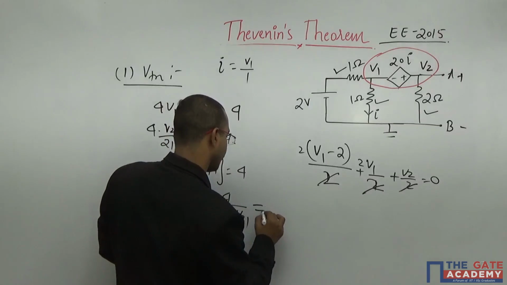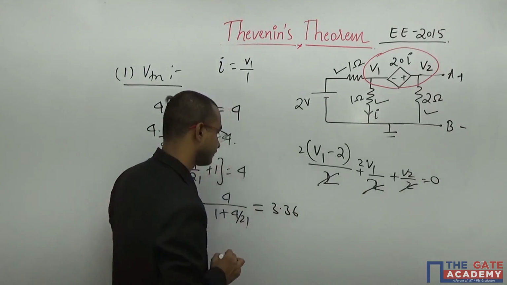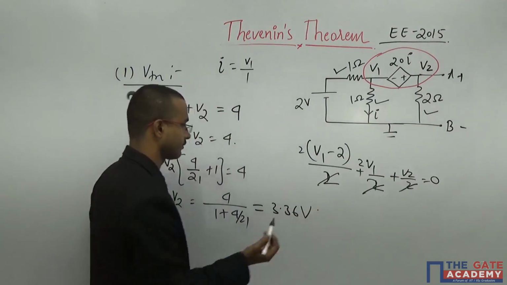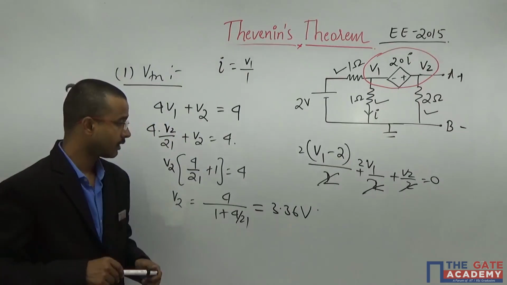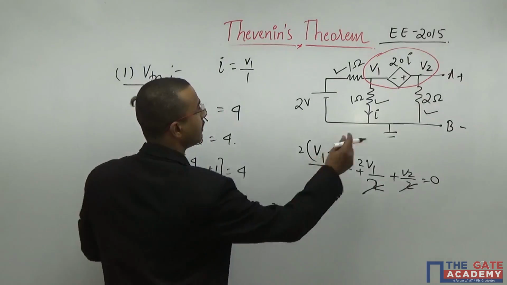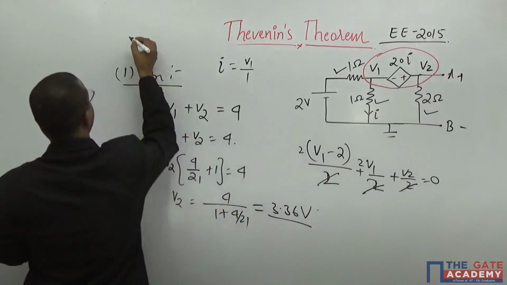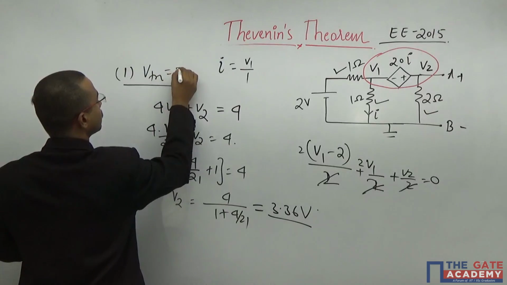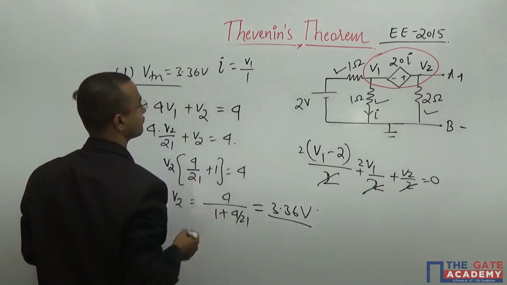And here you will get 3.36 volt. Here we got V2 is equal to 3.36 and my V2 is my VTH. That means I got VTH is equal to 3.36 volt.